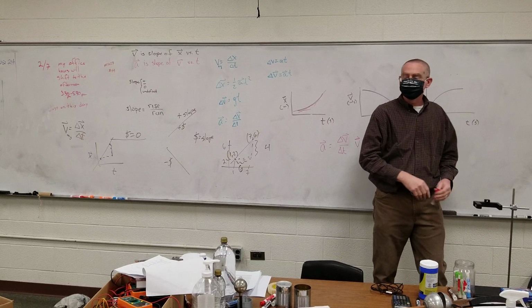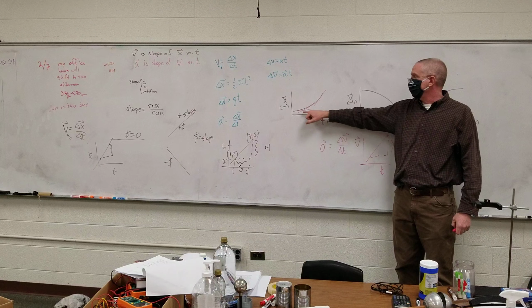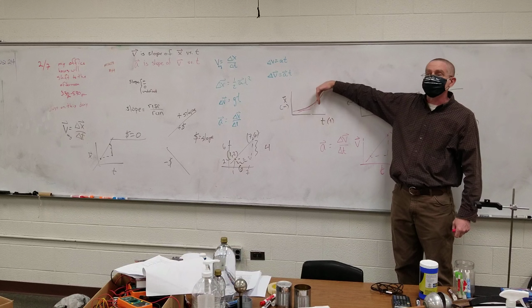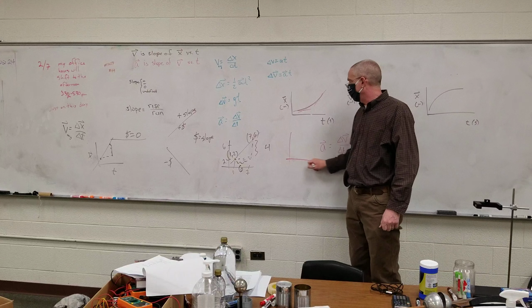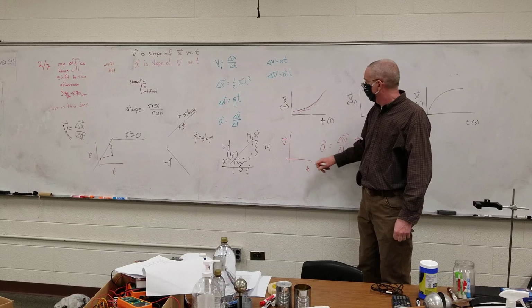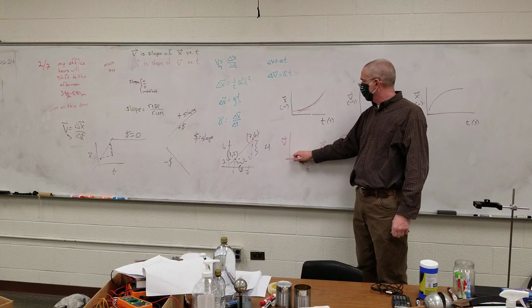That's an even bigger slope. Since velocity is the slope of this, that means my velocity is positive and my velocity is getting bigger. So if I plotted a velocity versus time graph, which is not exactly what the question asks there, my velocity starts out small and positive and gets bigger.